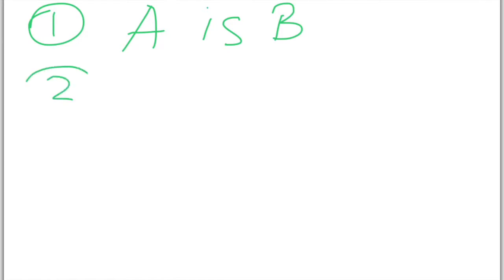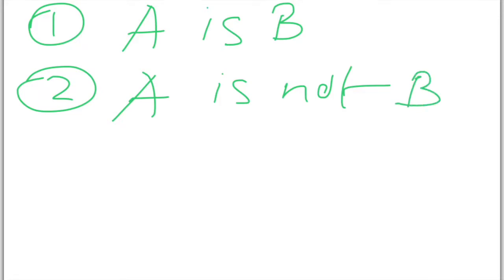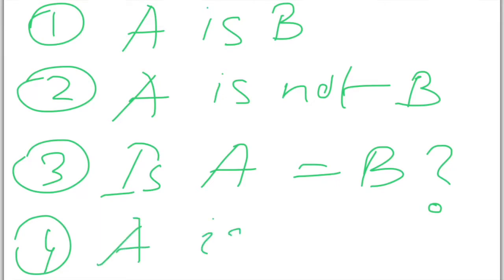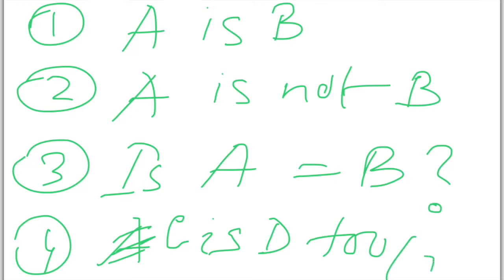In today's video, we have learned number 1, A is B. Number 2, A is not B. Number 3, is A equal to B. And the fourth sentence is C is D too, also.